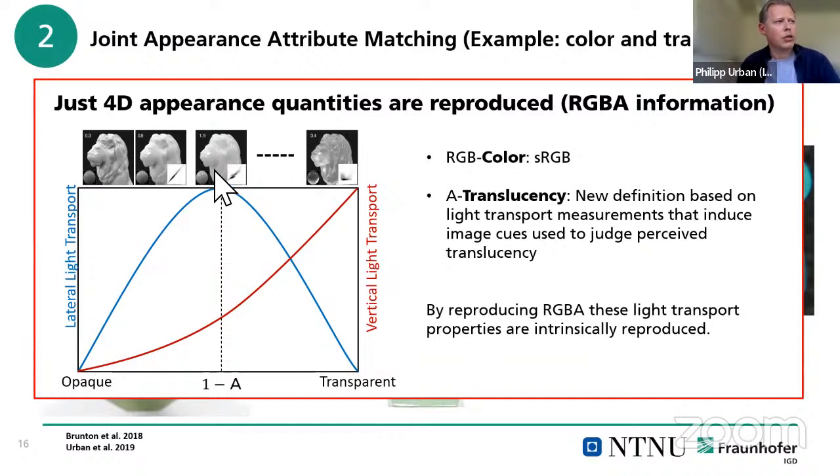They judge not based on inverse optics. The brain is not doing any inverse optics to compute absorption and scattering coefficients. It relies just on these very simple cues. And of course, if you see occluded objects, then you're in an optically thin area. So we just use lateral light transport and vertical light transport to define this one-dimensional parameter.